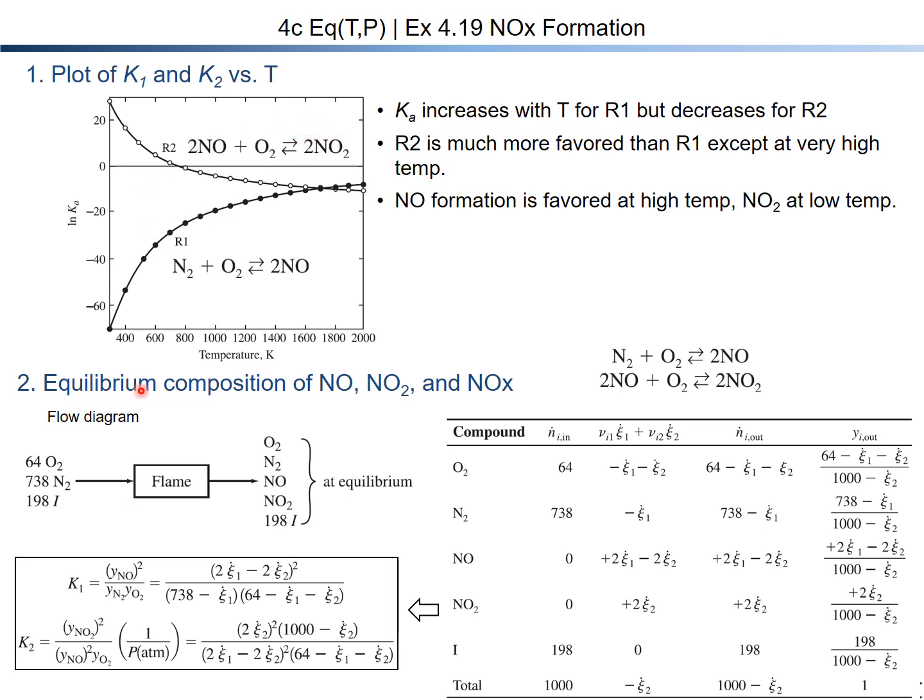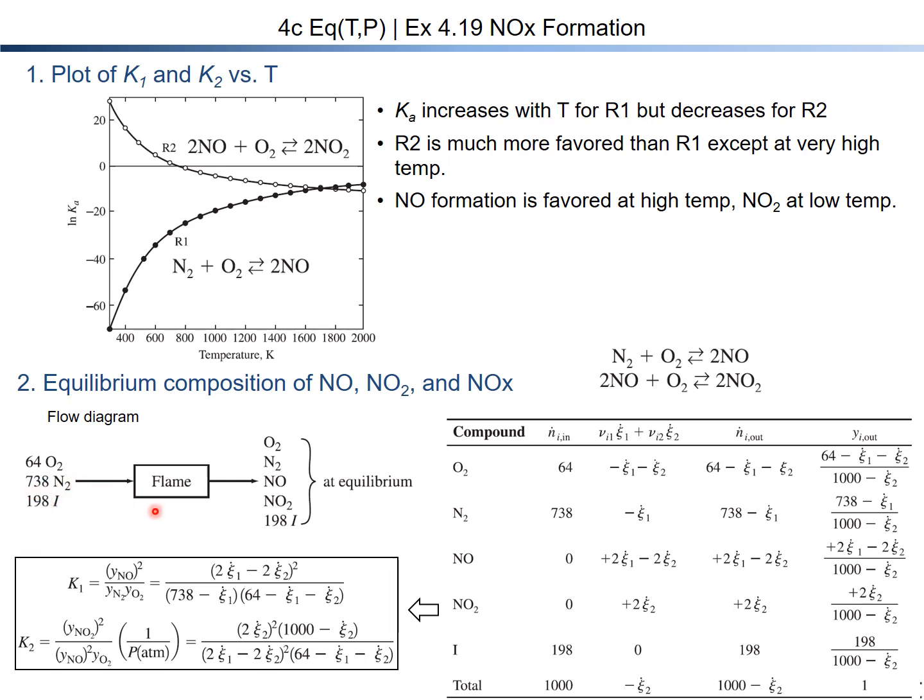Let's go to the second question, about the equilibrium composition of NO, NO2, and NOx. In this case, we will consider NO and NO2. Here is the flow diagram, with 64 O2, 738 N2, 198 of some other gases.